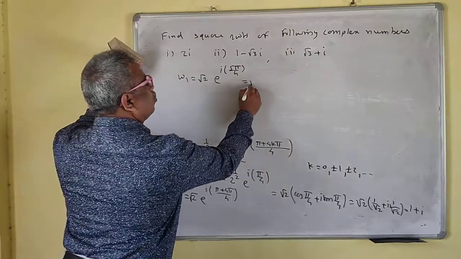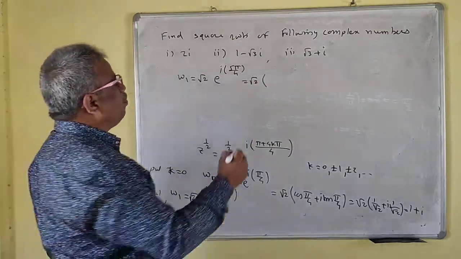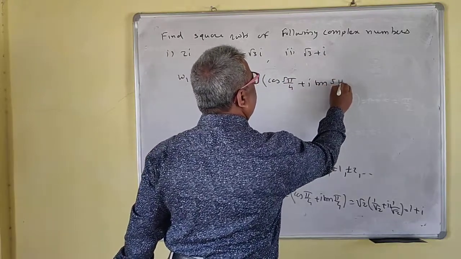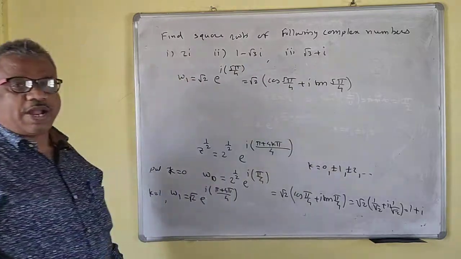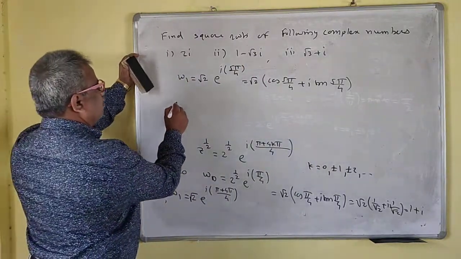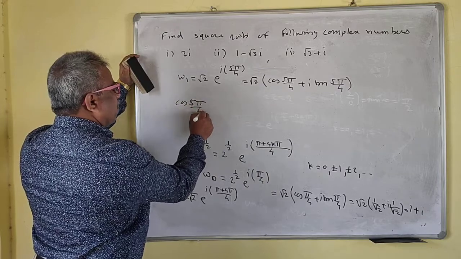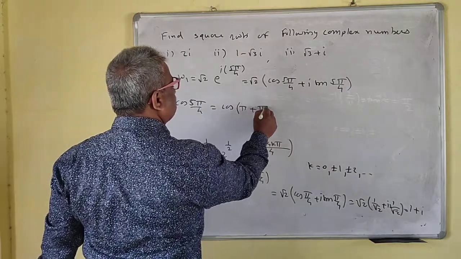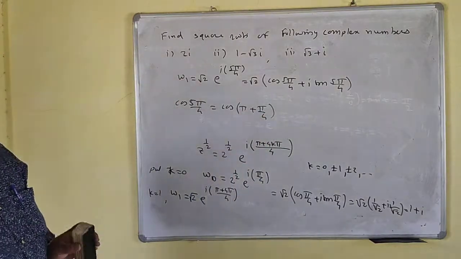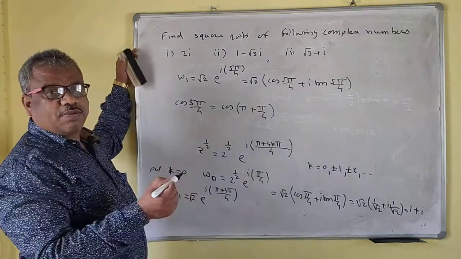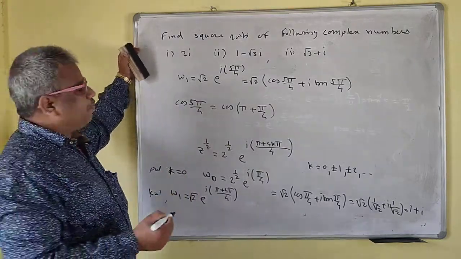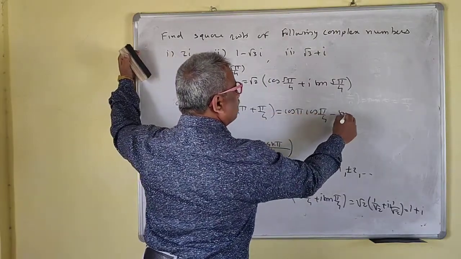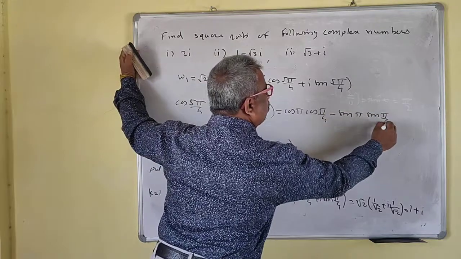So this is root 2 times cos 5π by 4 plus i sin 5π by 4. So we'll find the values of sin and cos of 5π by 4. How can we find cos 5π by 4? It is cos of π plus π by 4. You know the values of cos π and sin π, and you know the formula for cos(α plus β), which is cos π cos π by 4 minus sin π sin π by 4.